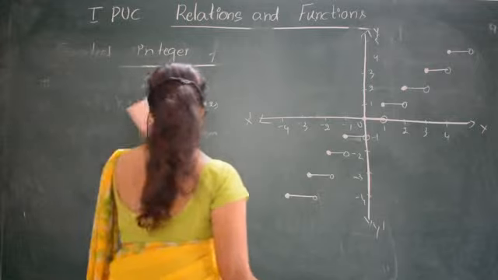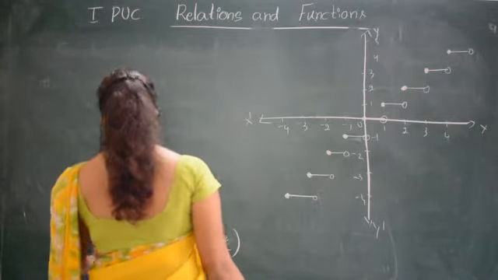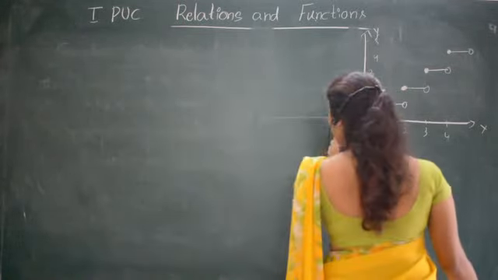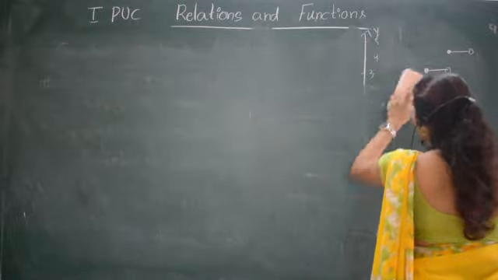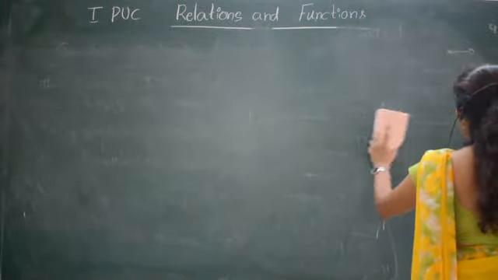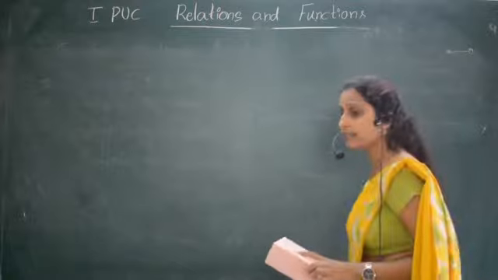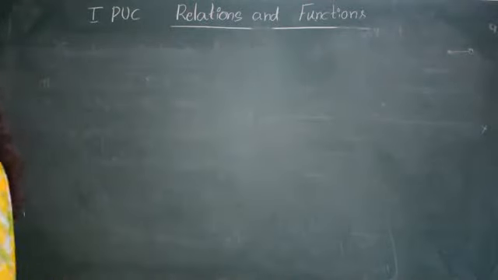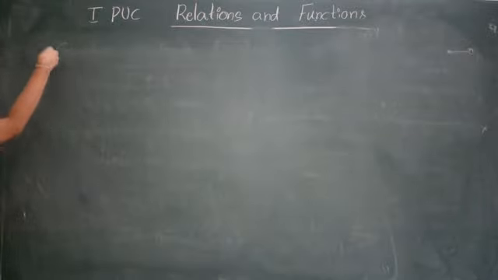Next one. So these are the types of functions we have discussed: identity, constant and other functions. So this is a very important kind of function. Next we are going to discuss algebra of functions.